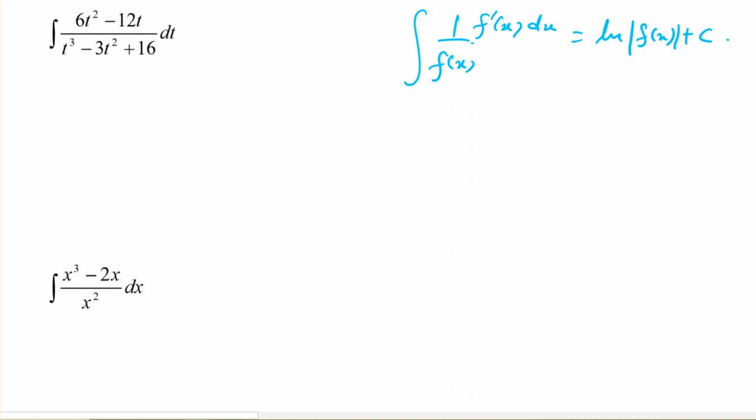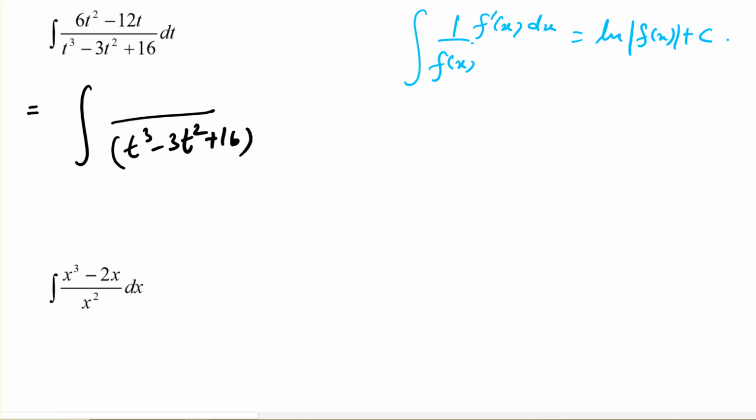One method is you can choose u equals to this and then figure out du in terms of dx, and then plug in the values. Or the shortcut method is you can rewrite this as t cube minus 3t square plus 16.